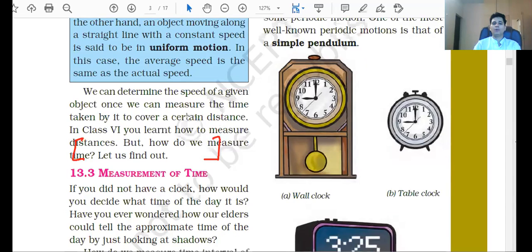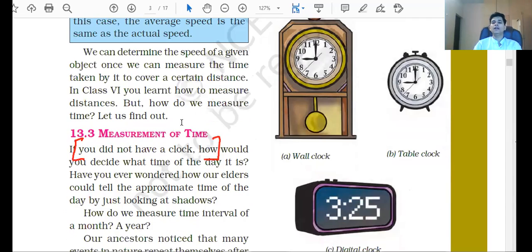When we talk about time, usually time is measured in seconds, minutes, hours, days, weeks, years. They are all units of time. So what do you think? What is a light year? This is also a unit of time. What do you think? Is a light year a unit of time?